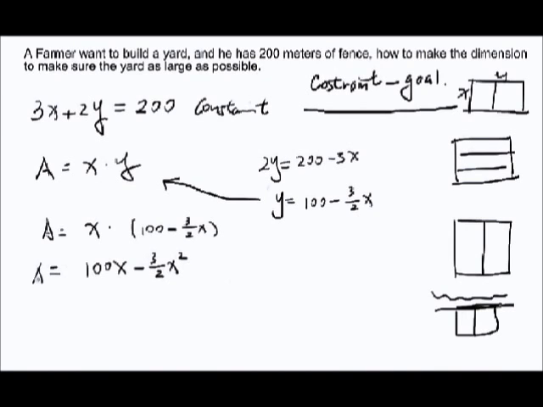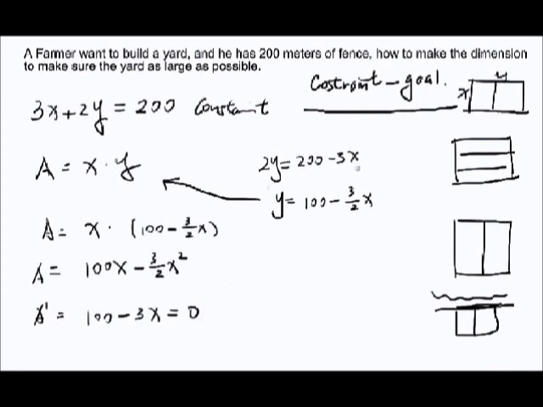That's A. A prime equals what? The derivative of 100x is 100, and the derivative of x squared is 2x, so that gives 3x here, equal to 0. Why 0? Because we want to make the derivative equal to 0 so that we can find our critical point. The critical point may be the maximum, maybe the minimum.